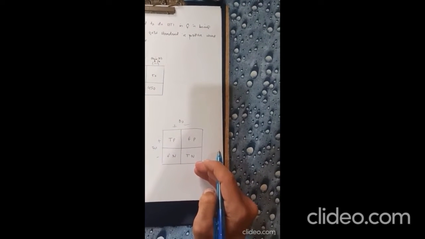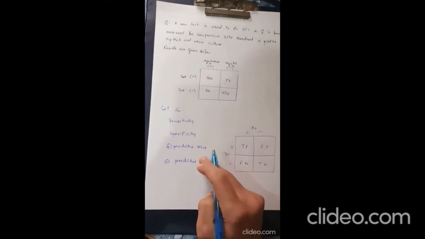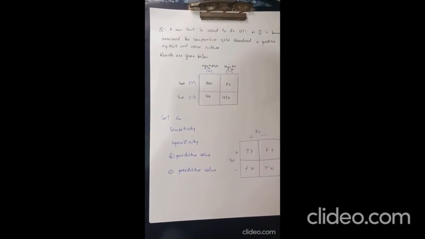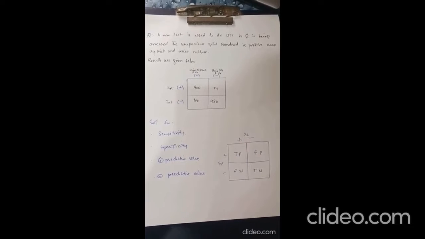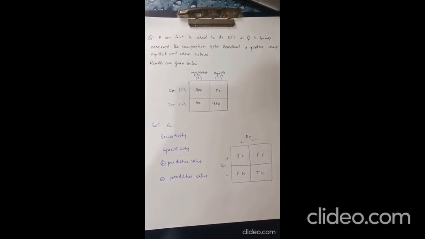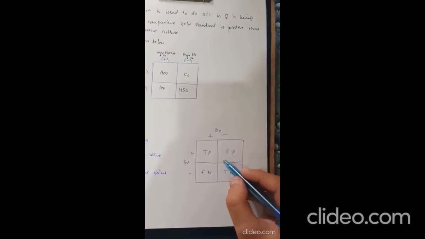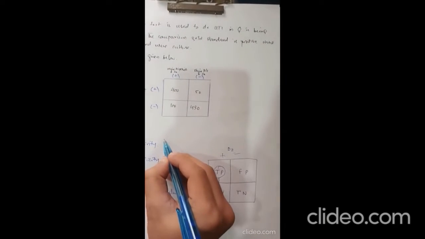Now in order to understand how to derive sensitivity, specificity, positive predictive value and negative predictive value, I'm going to give you a visual clue. If you remember this visual clue, you will never do these equations wrong. To calculate sensitivity, you go from here to down there and write truths on the top.